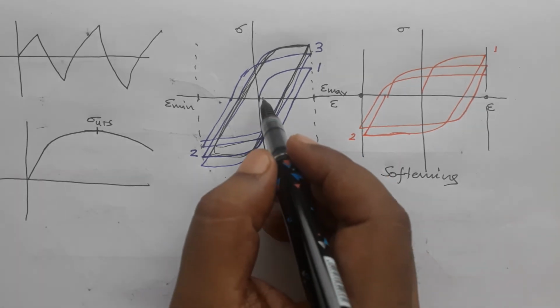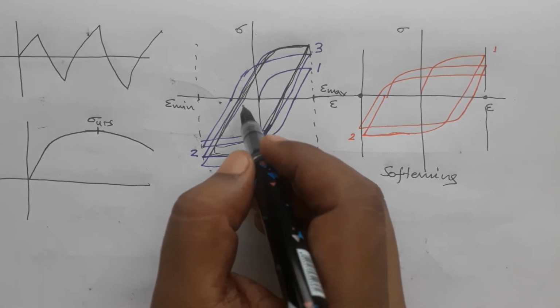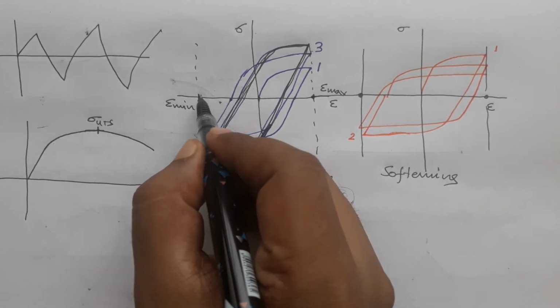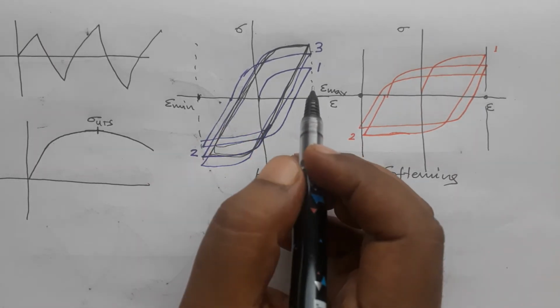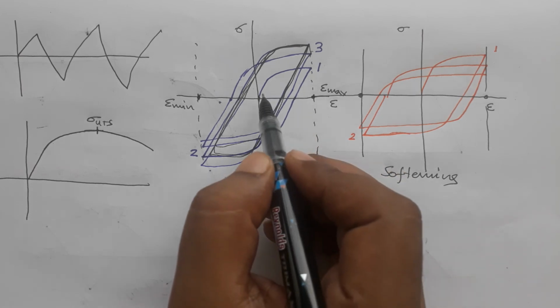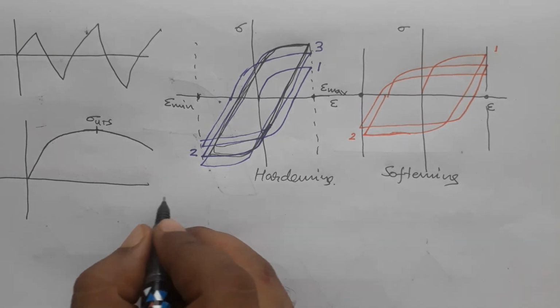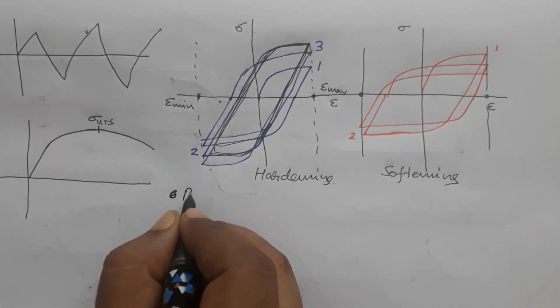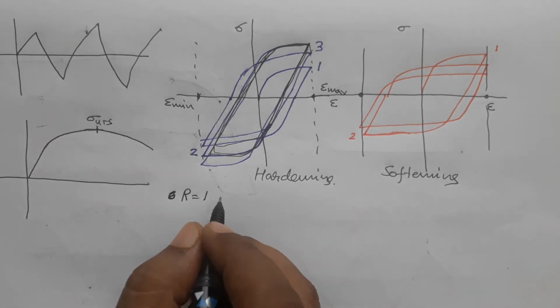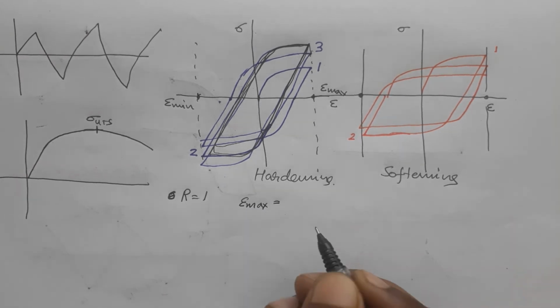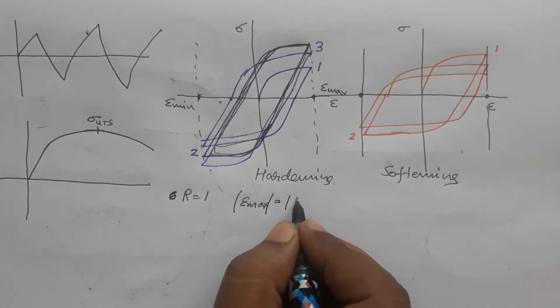So what we do is, we do the testing at different constant strain values, and we do this cyclic loading. So for instance, we are keeping R equal to 1 for all the tests, and we keep mod of epsilon max equal to mod of epsilon min.